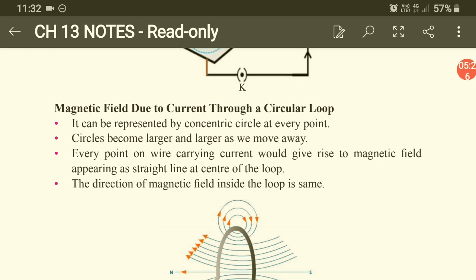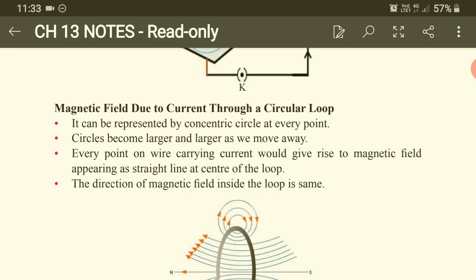The magnetic field around a circular loop can be represented by concentric circles at every point. These circles become larger and larger as we move away from the conductor. As we said, the strength of magnetic field is inversely proportional to the distance from the current carrying conductor.